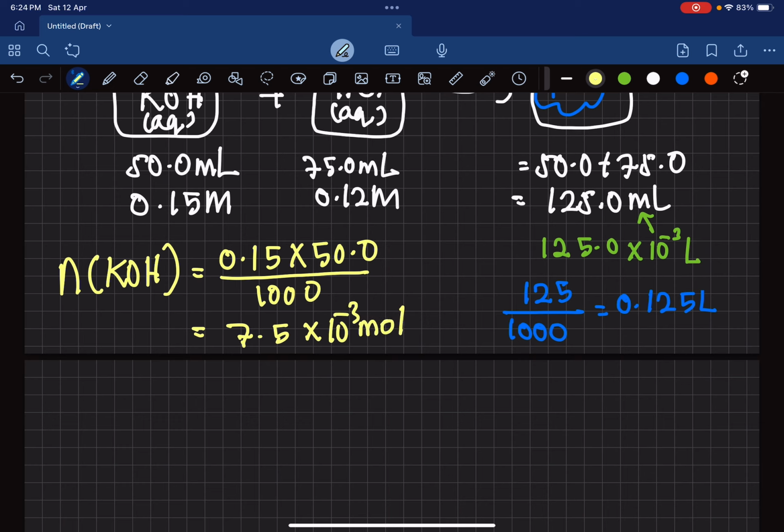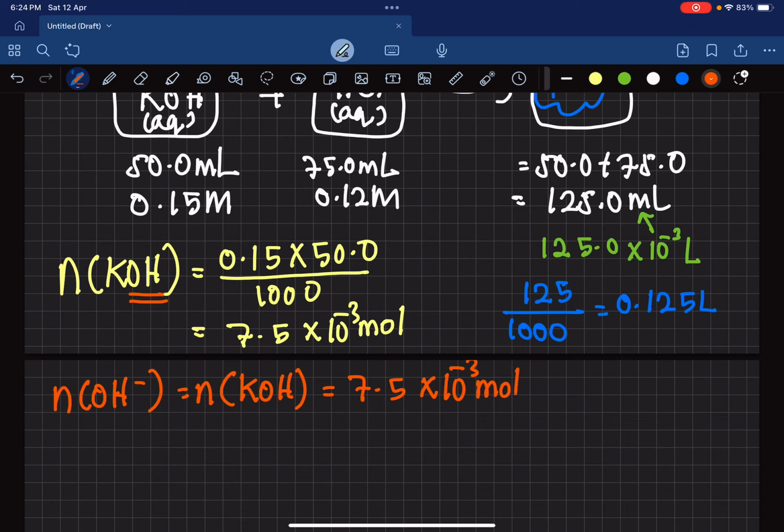I hope you know that this is a monobasic base, so the moles of hydroxide is the same as the moles of potassium hydroxide. So we have 7.5 times 10 to the power of -3 moles of hydroxide ions.